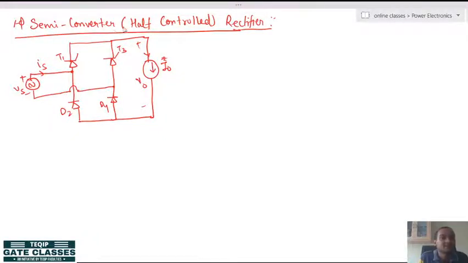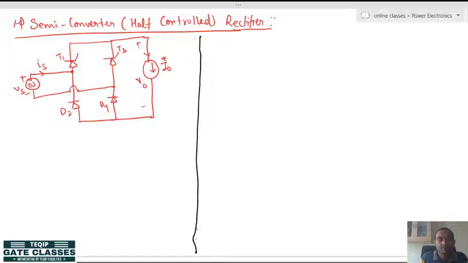Let us start its working by drawing the waveforms. Let us say this is the source voltage.